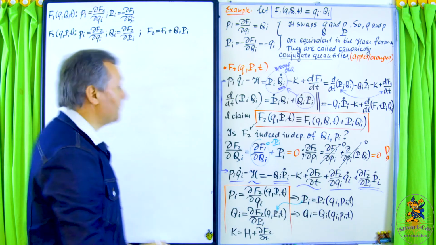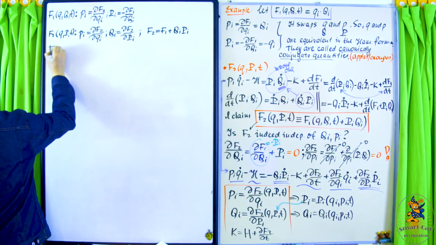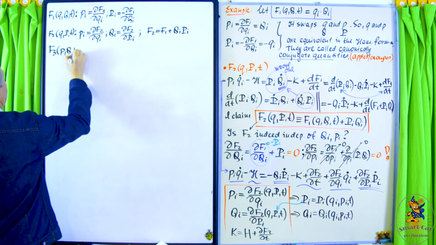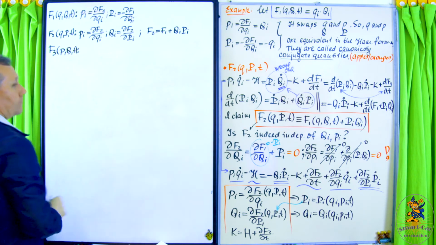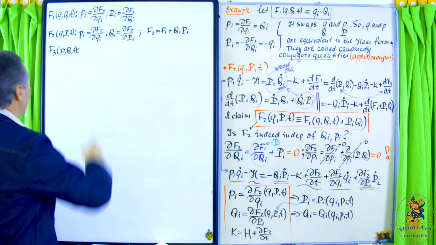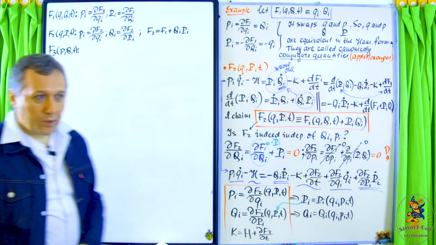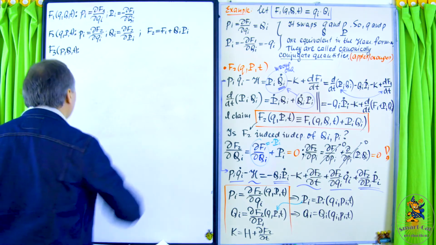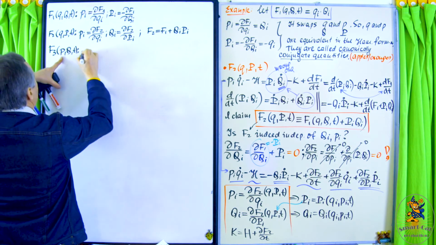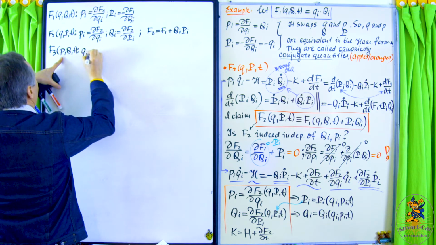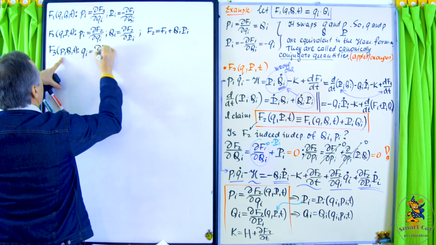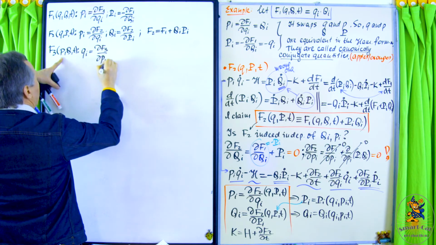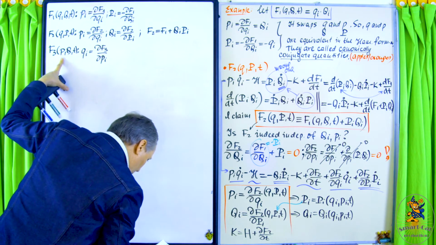So now f3. So f3, which should be a function of p small, q capital, and time, right? And the transformation equations, again, I can write them down, but signs, I don't remember signs, right? So it will be q small equals partial derivative of f3 with respect to pi. Sign, I need to look, minus.